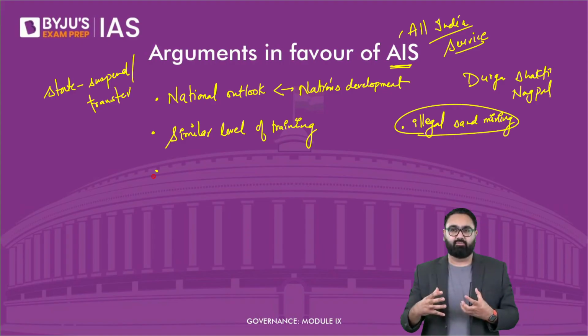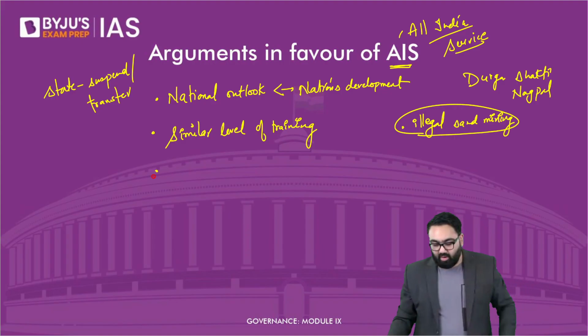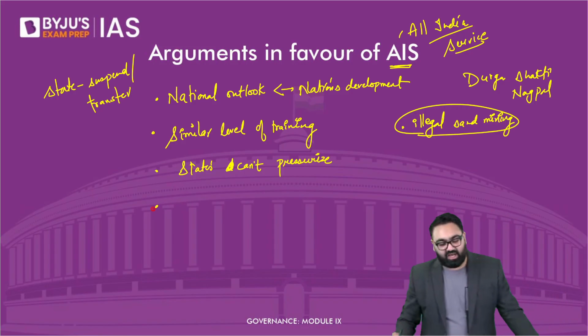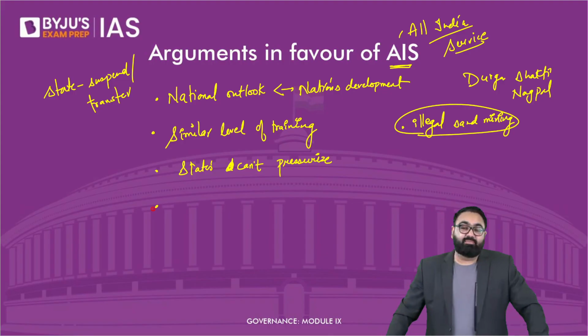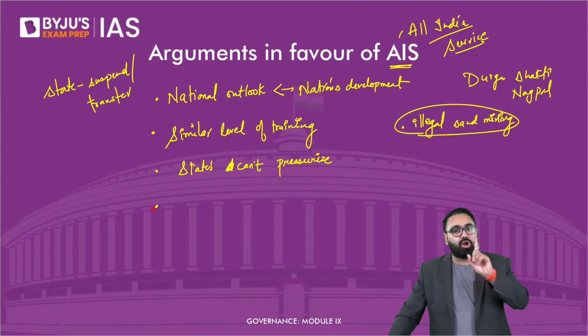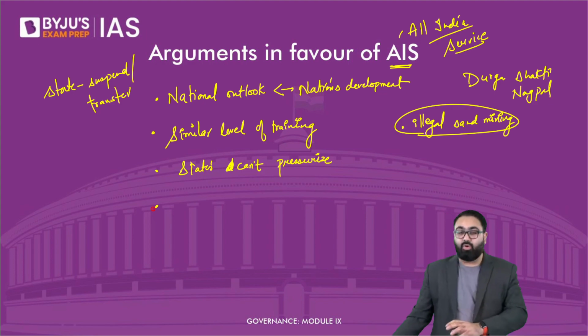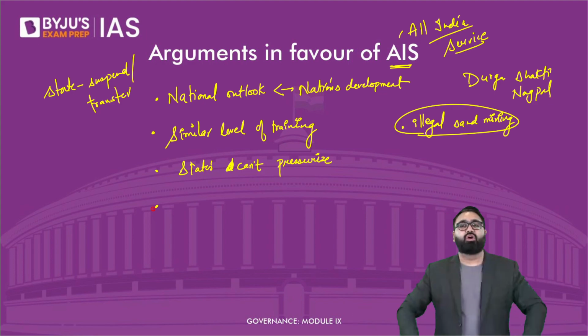Thirdly, All India Services officers, states can't pressurize, as we just saw in this case. Yes, the states can transfer. Yes, the states may suspend, but the states cannot remove, the states cannot dismiss. That gives more independence to these officers.